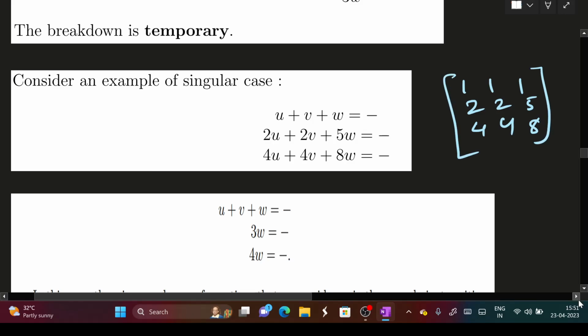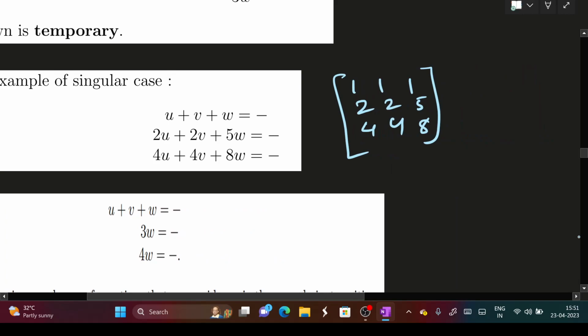What operation I will do? To eliminate this 2 and this 4. These I want to eliminate. So what operation I will do? R2 minus 2 R1 stored in R2.